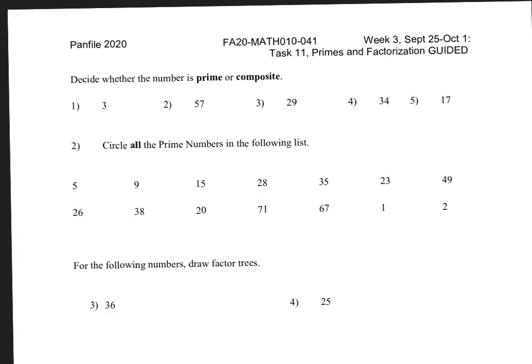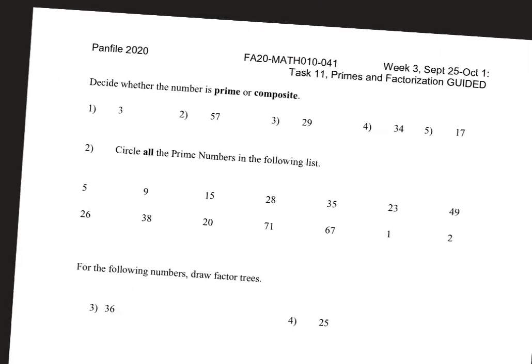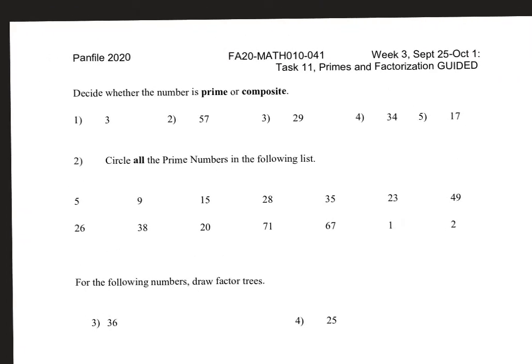So if we look here, 3 is going to be prime. Because again, if I take 3, I can only get 1 and 3. 57 is going to actually be composite. And again, if you are thinking like, how am I going to know this, we can use our multiplication chart.